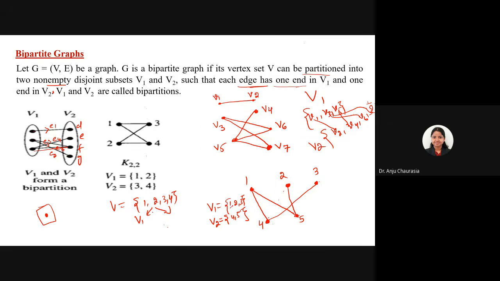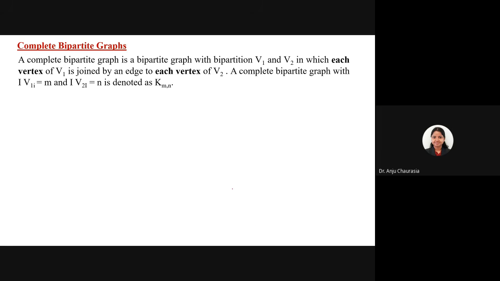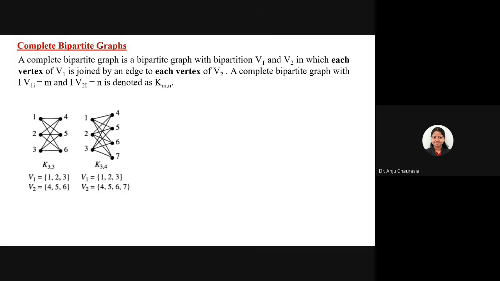So 1 should be connected to 4 and 5, 2 should be connected to 4 and 5, 3 should be connected to 4 and 5. This type of example demands a complete bipartite graph. See, an example of a complete bipartite graph, and since the word complete is there, it is denoted by K3,3, K3,4: the number of vertices in one vertex set and the number of vertices in the other vertex set.